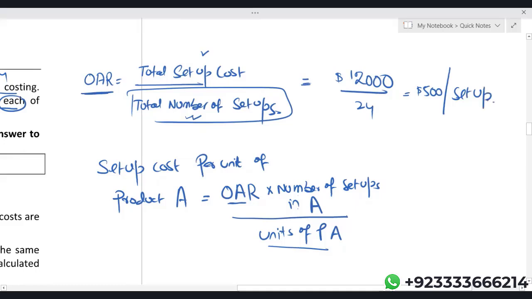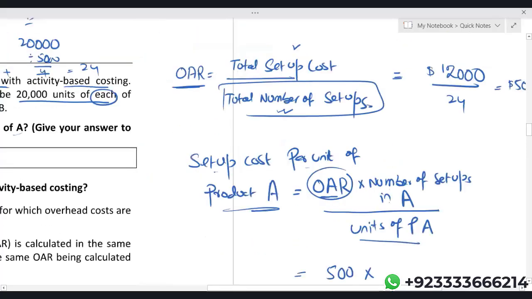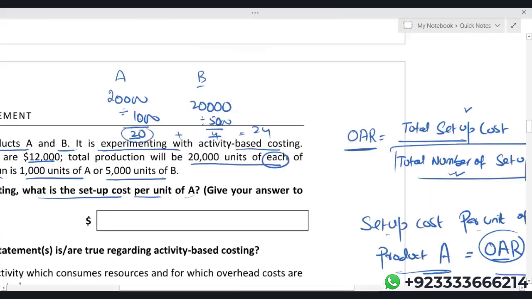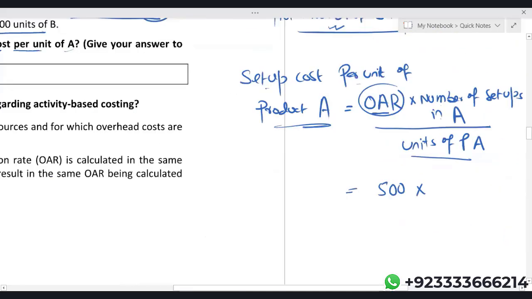Now, the setup cost per unit of product A is equal to the overhead absorption rate per setup, which is 500, multiplied by the number of setups in product A, which is 20, divided by the number of units of product A, which is 20,000.